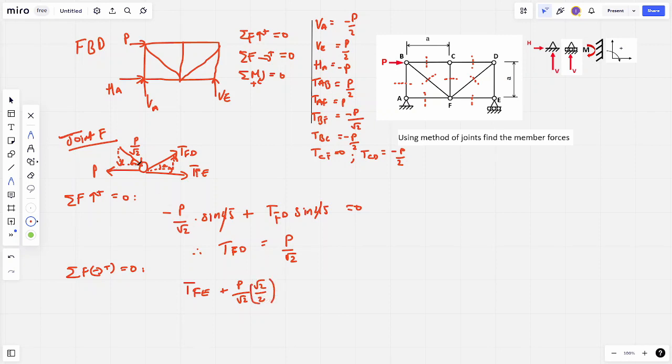And we've got the positive of this component BF, which is P over root 2, cos 45 again is root 2 over 2.